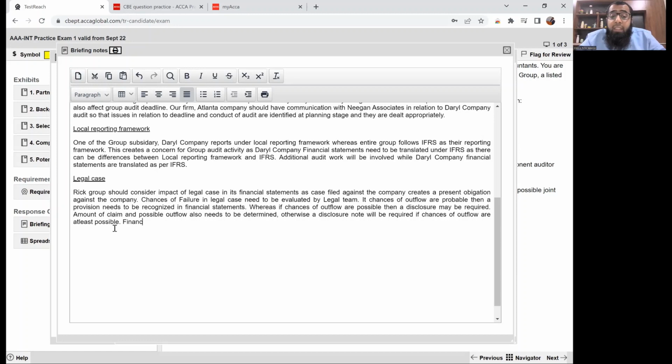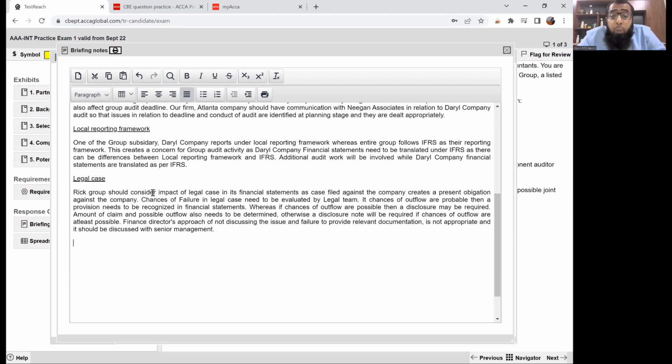The finance director's approach of not discussing the issue and failure to provide relevant documentation is not appropriate, and it should be discussed with senior management.